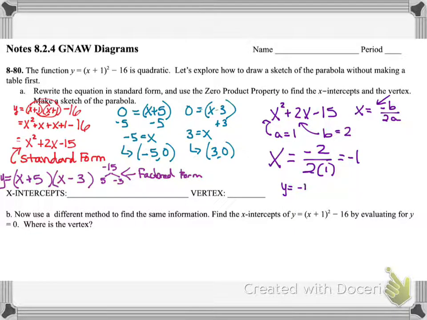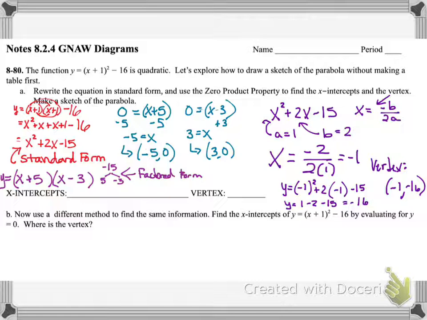But we're practicing this method mostly just to prove how inefficient it is to do it this way. So the y value of my vertex is 1 minus 2 minus 15. That's going to give me a negative 16. So my vertex is -1, -16.